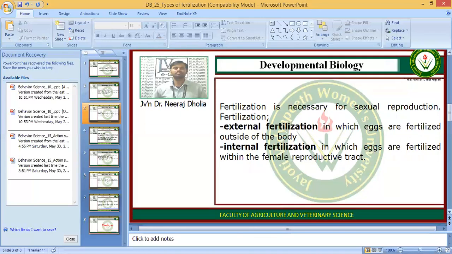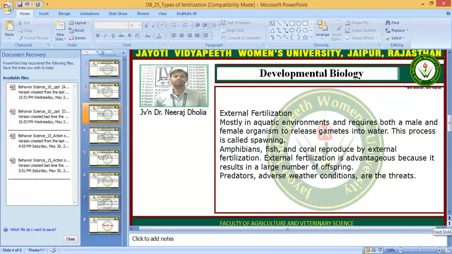Okay, so the external fertilization. As I told earlier, it is a feature of aquatic animals. Mostly it is found in aquatic environments, and it requires both a male and female organism to release the gametes into the water.